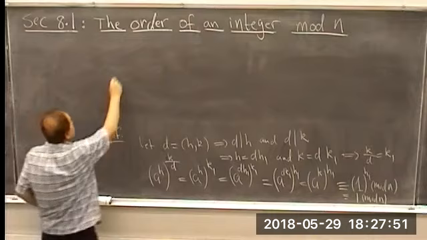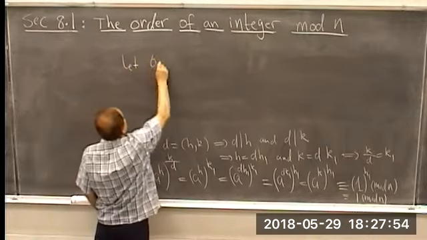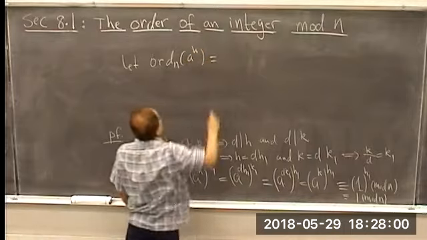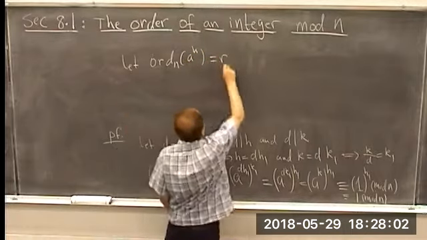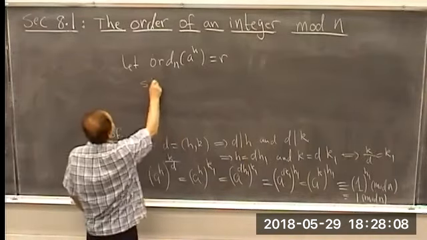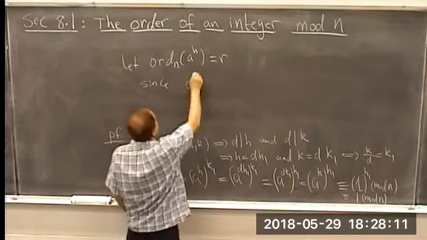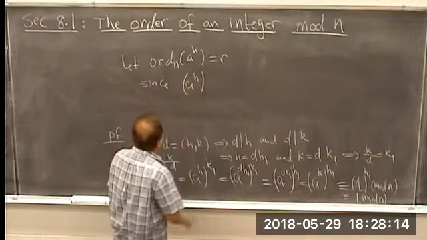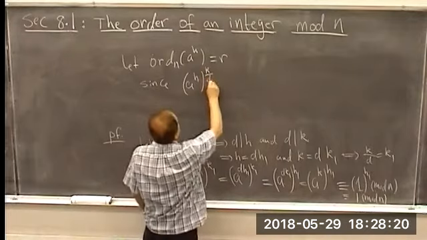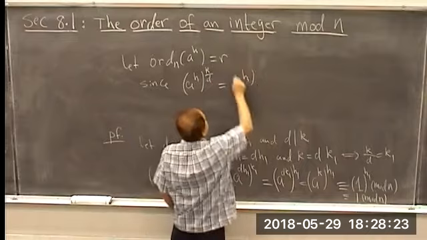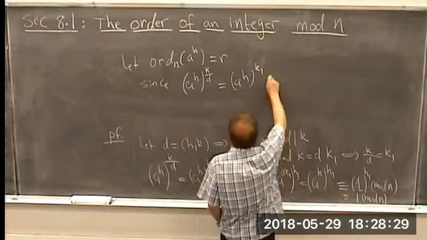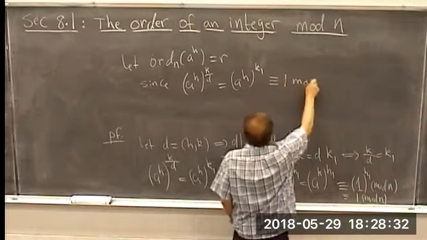So let the order of A to the H, mod n, be r. Now we have that A to the H to the power K over D, which I will write as K1, is congruent to 1 mod n.